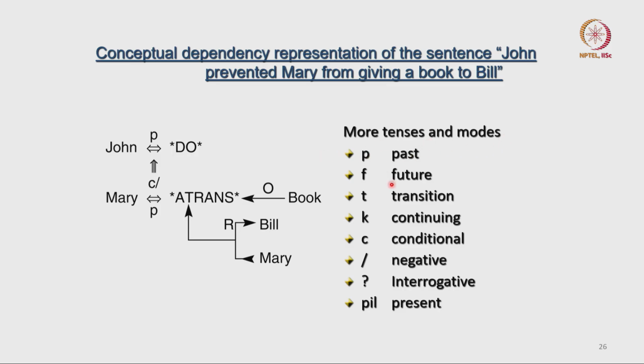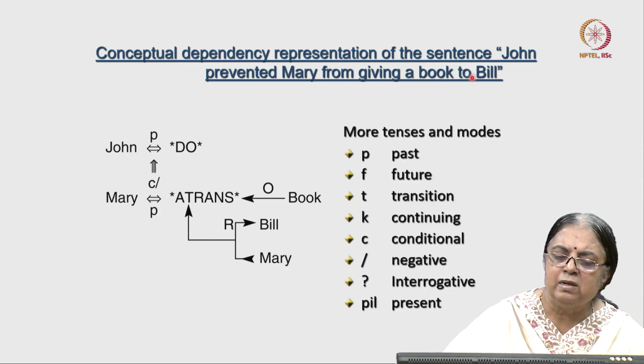P is past, F is future, T is transition, okay. K is continuing. Okay, so, continuous tense when you are using. C is conditional, this is negative, interrogation, present, etc. right. So, here John prevented Mary from giving a book to Bill.